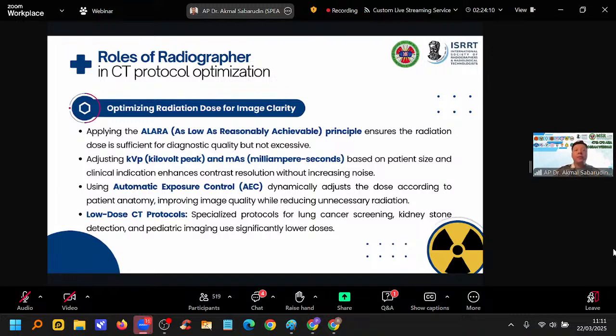And we heard before that there are lots of techniques to reduce radiation dose, and a lot of ways to measure and monitor the dose. Then adjusting kVp and mAs based on patient size and clinical indication enhances contrast resolution without increasing noise. I will explain a little in detail on my next point.